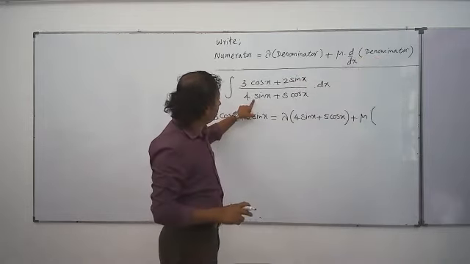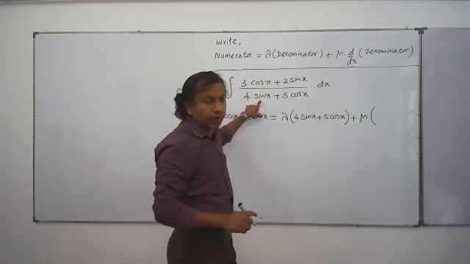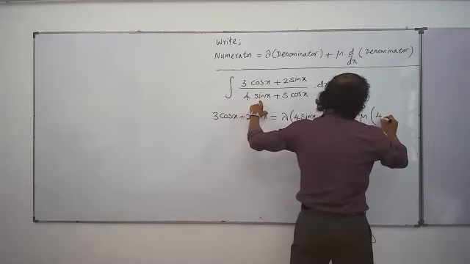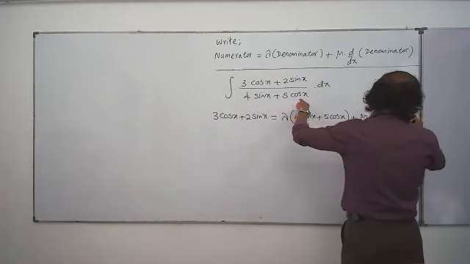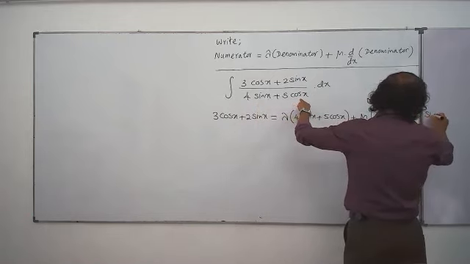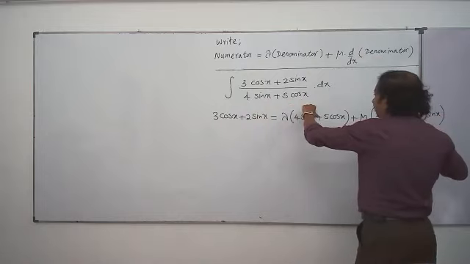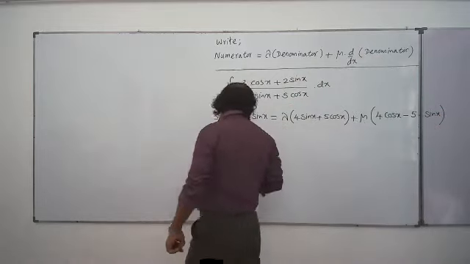When you differentiate this, the derivative of 4 sin x is 4 cos x, and the derivative of 5 cos x is minus 5 sin x.